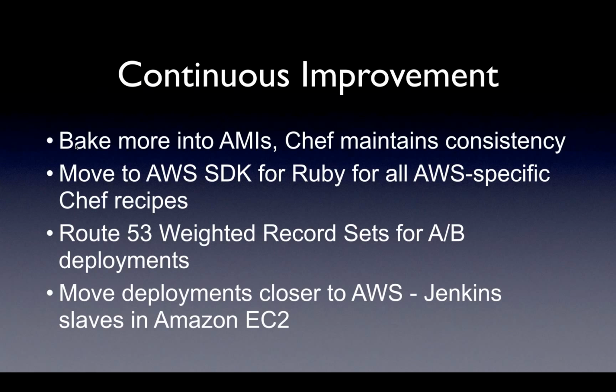One of the things we're about to switch over to is Route 53 weighted record sets for A/B deployments. I didn't get too much into the fact that we do A/B deployments. So we have a running deployment, for example, that would be A. We start up a B deployment, and we run automated tests.